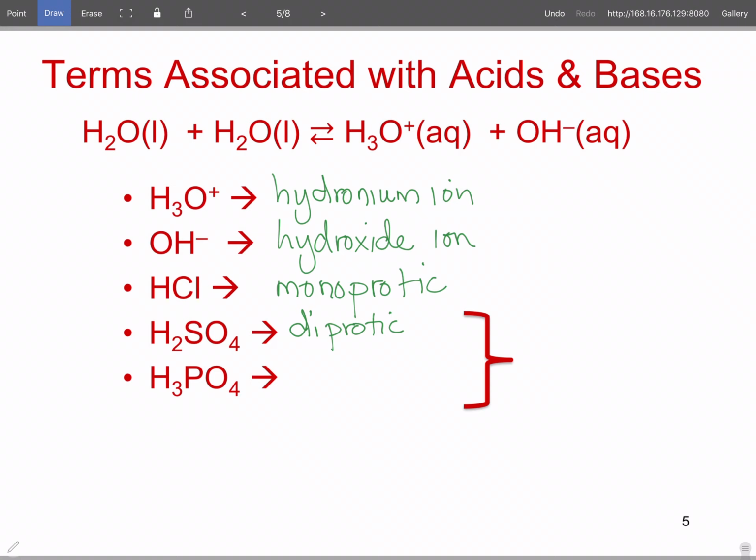So phosphoric is a triprotic because it has 3. Because these are the protons that we're looking at. So together, di and tri are often referred to as polyprotic. Anything more than one is a polyprotic. There are some acids that can have 3, 4, 5, 6, 7, and on up. So don't think that, oh, you can only have 1, 2, or 3. You can have a whole lot more than that.